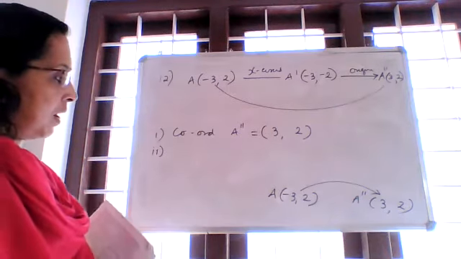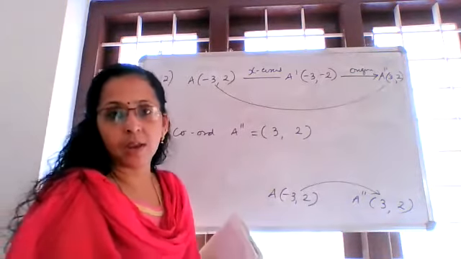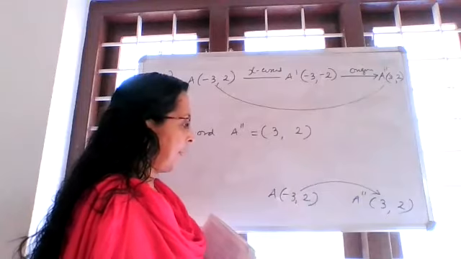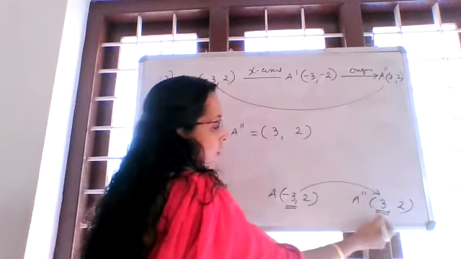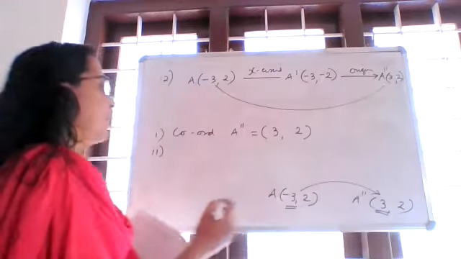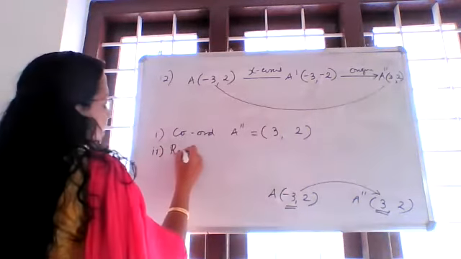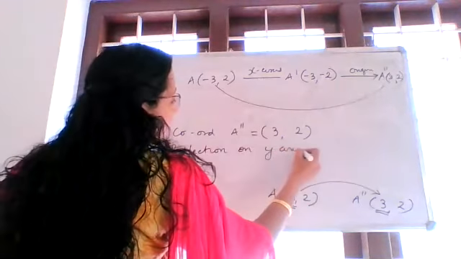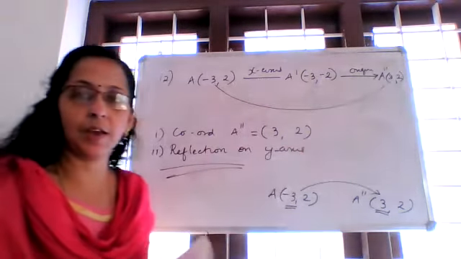Reflection on the y-axis. Reason: x has changed and y is the same, y is 2. So the answer is reflection on the y-axis.